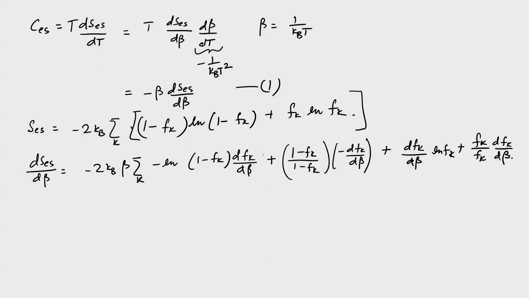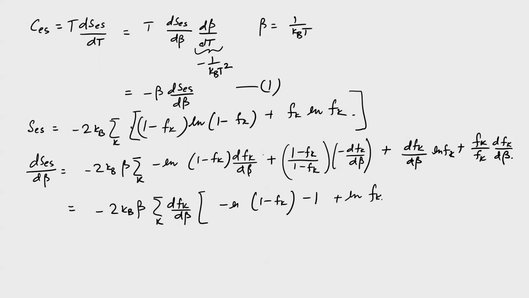Okay. So, that is going to cancel things, giving −2kβ Σ_k (df_k/dβ)[log(1 − f_k) − 1 + log f_k + 1].